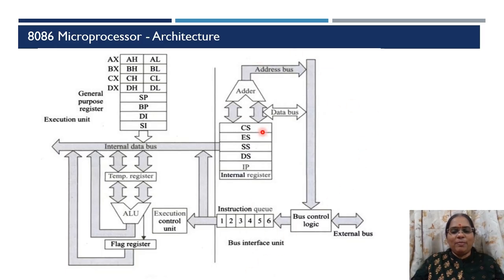This unit will keep on fetching code from the memory and feeding it into the queue. The role of the execution unit is to fetch the data from the queue, decode it, and start executing it. Both will function in a parallel way, so the process will happen at a faster rate and speed will be increased. That is the main advantage of the 8086 microprocessor.